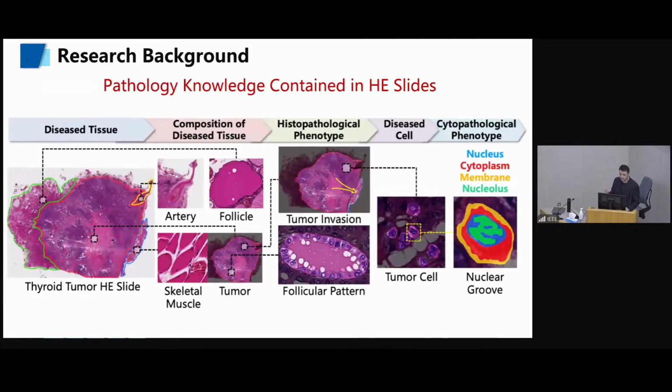Specifically, pathology knowledge in HE slides is mainly about the composition of diseased tissues, and the pathological characteristics at the cellular and tissue levels. In other words, histopathological phenotypes and cytopathological phenotypes.